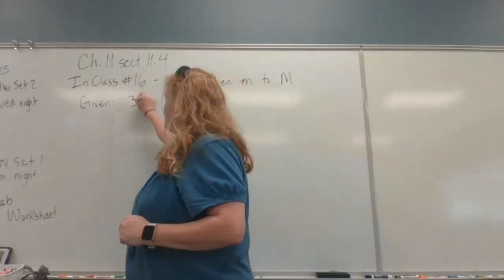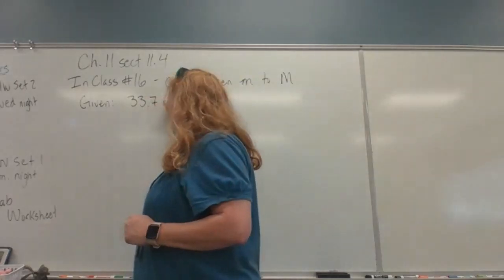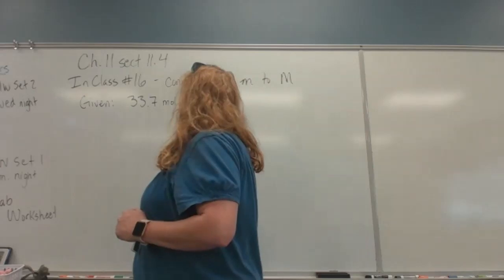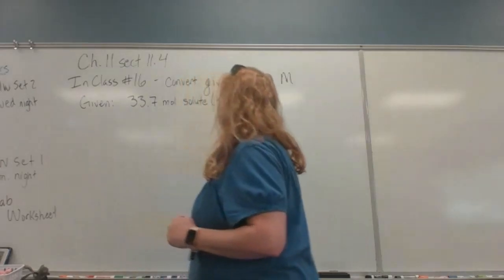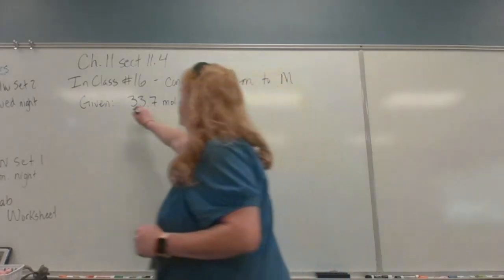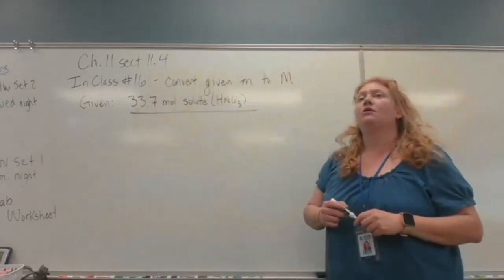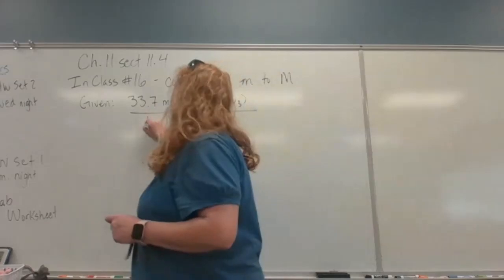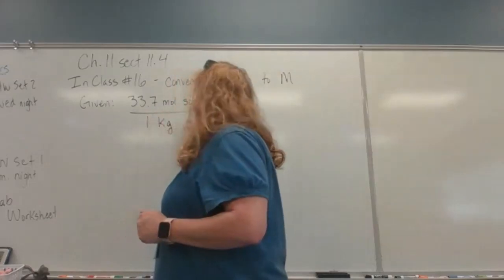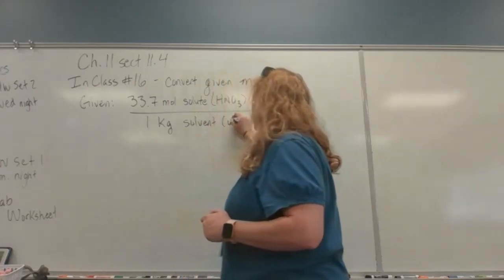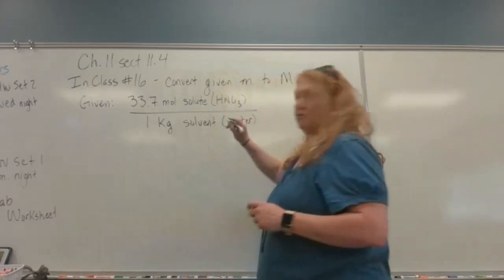That means there's 33.7 moles of solute. In this case, the solute is nitric acid. Okay. Per what? 1 kilogram of solvent, which in this case is water.